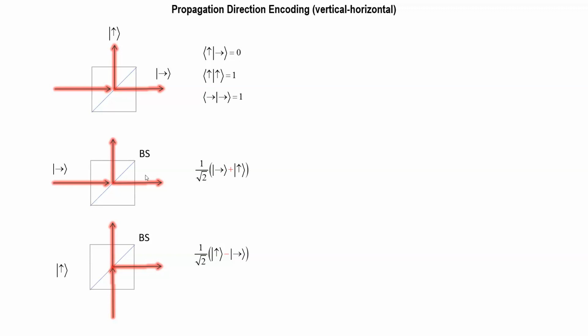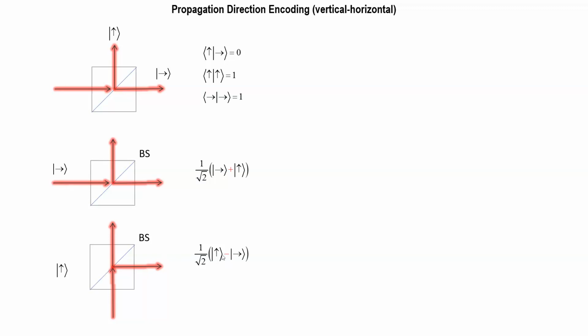For example, if my state is horizontal, so it propagates horizontally, the beam splitter creates vertical and horizontal with the same probability amplitude, if you're talking about one single photon. Okay, there is another possibility here. If I send the wave in the vertical direction, it again creates vertical and horizontal with the same probability amplitude if the beam splitter is balanced.